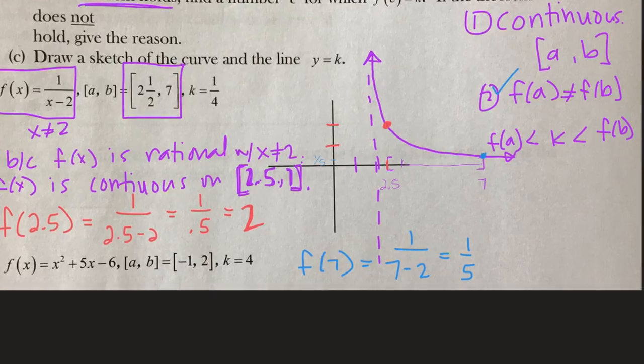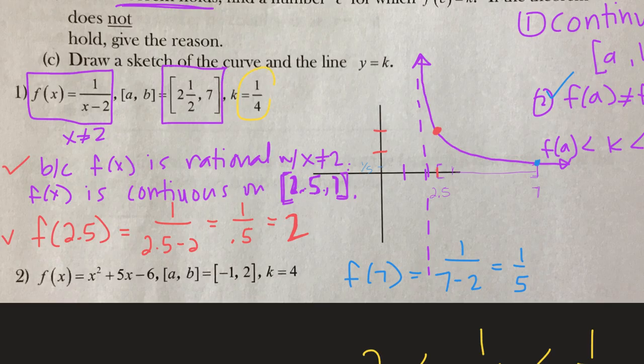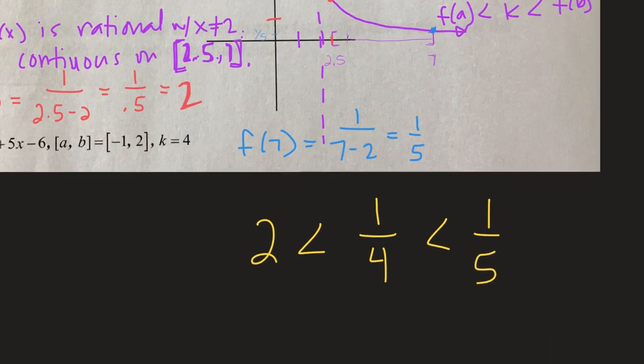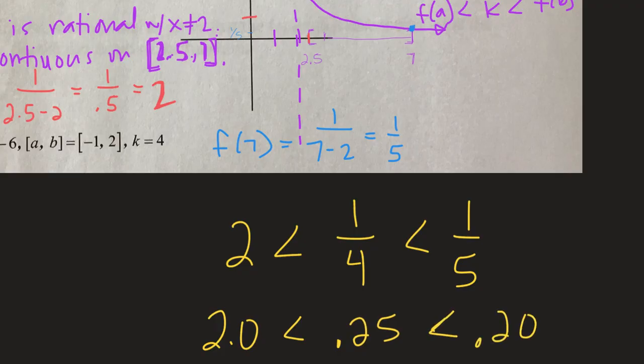Okay, so now we have to check the third thing. Is 1/4 between 2 and 1/5? This is our k value, 1/4. Is 2.0 less than 0.25? Is that less than 0.20?